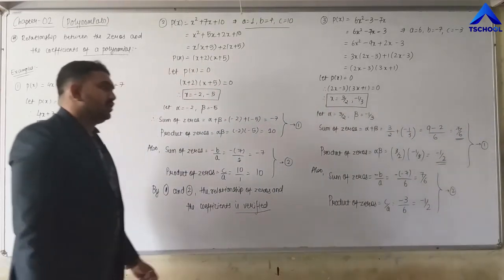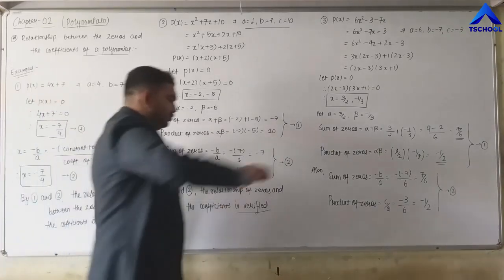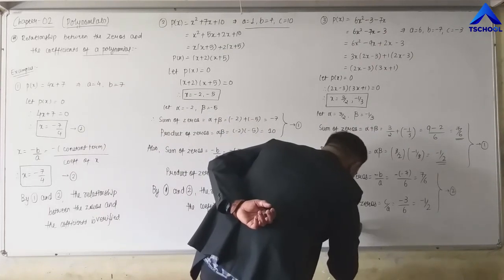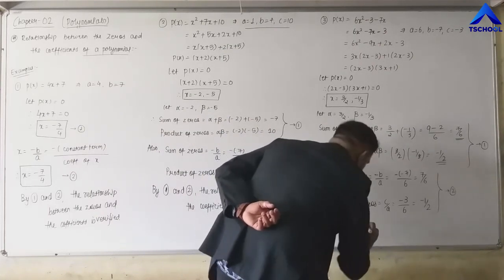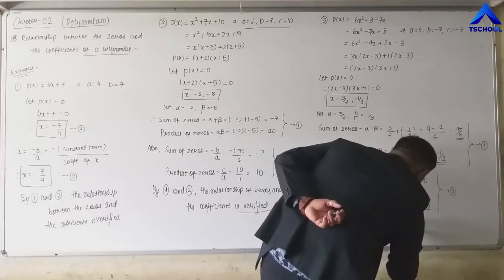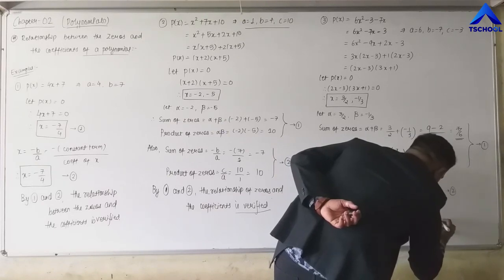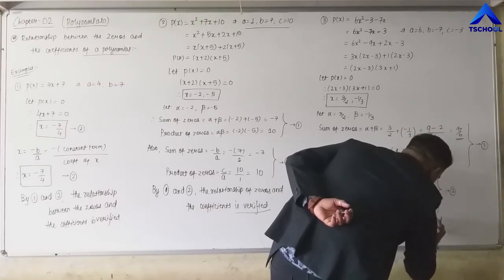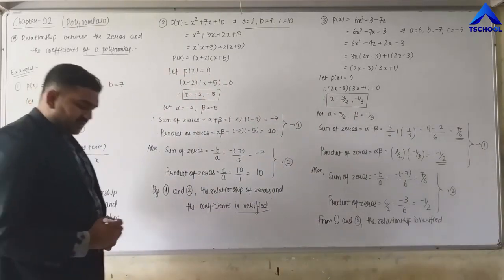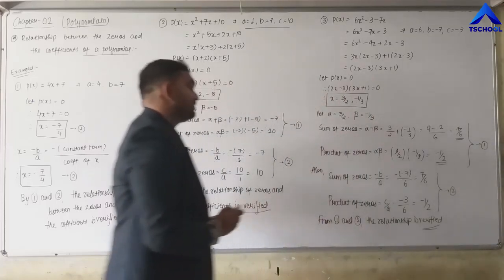Yes or no? So you can say clearly that from 1 and 2, the relationship between the coefficients and the zeros is verified.